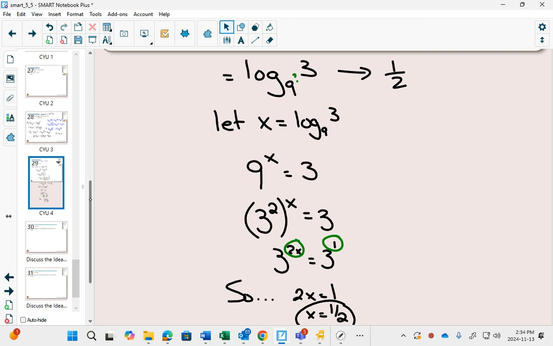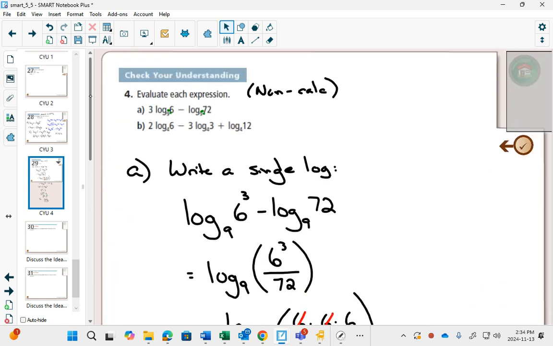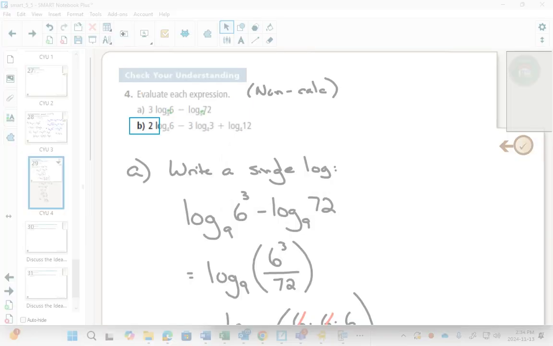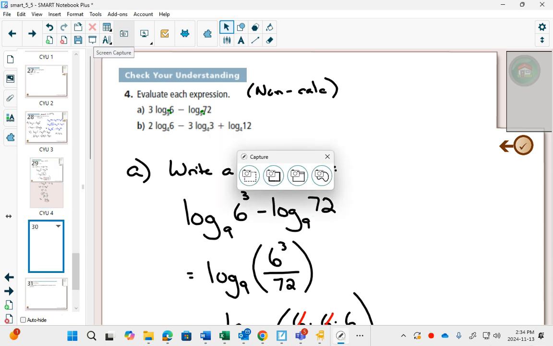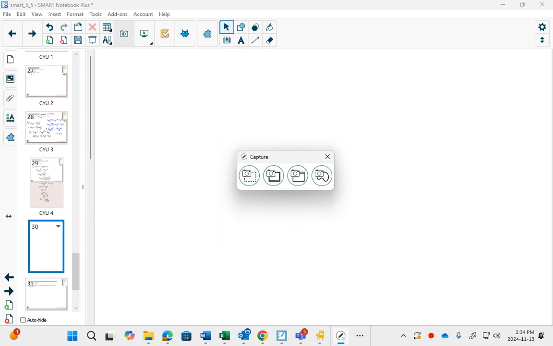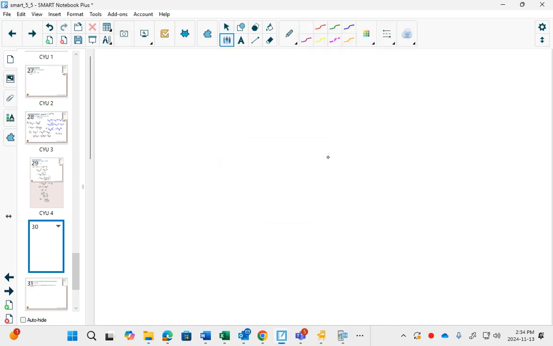All right, let's do part B, same kind of idea. Make a loud camera noise. There we go. And it supposedly took a picture of it.